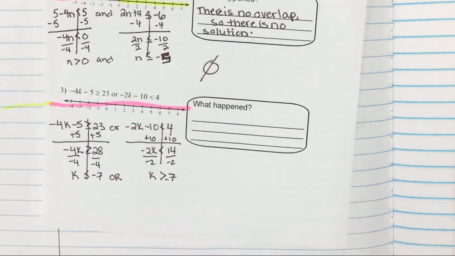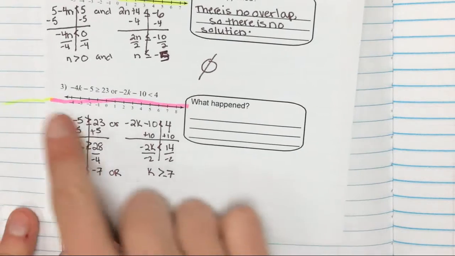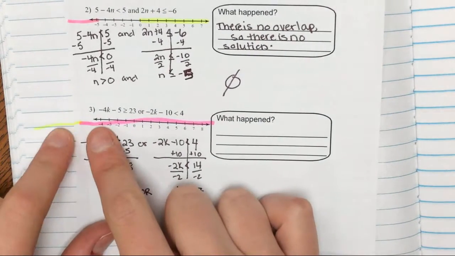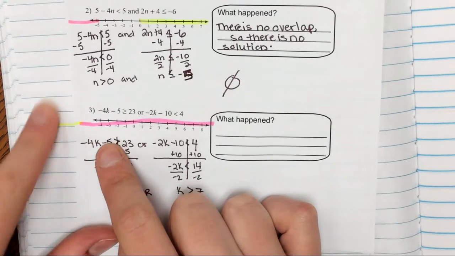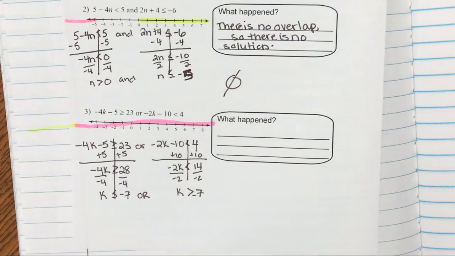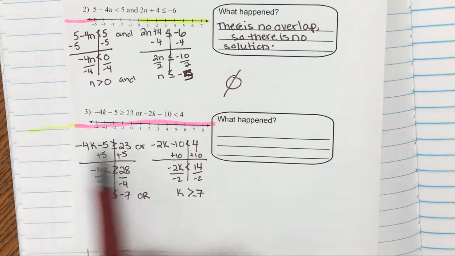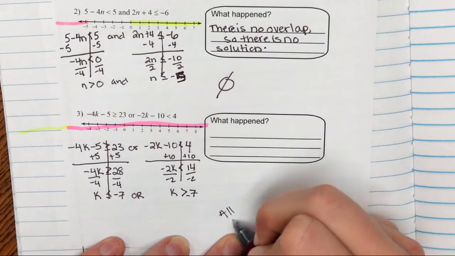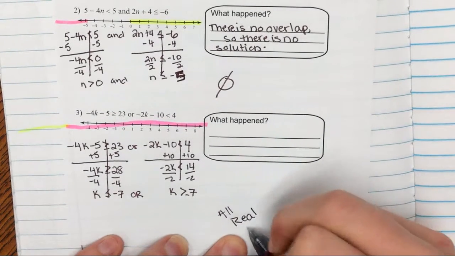So notice that my whole number line is highlighted. And since this is an or statement, your answer can fall in this yellow or in this pink and satisfy the compound inequality. So we highlighted the entire number line, which means that your answer is all real numbers.